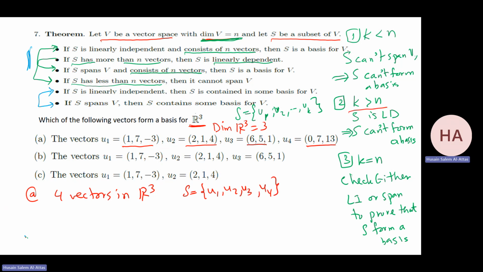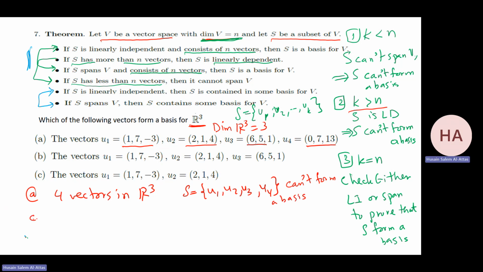I am in this case: K is greater than N. The number of vectors of the subset S, which I call V1, V2 up to Vk, is more than N. So right away, this cannot form a basis, because they are linearly dependent.